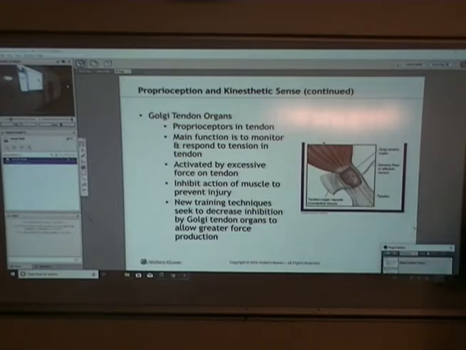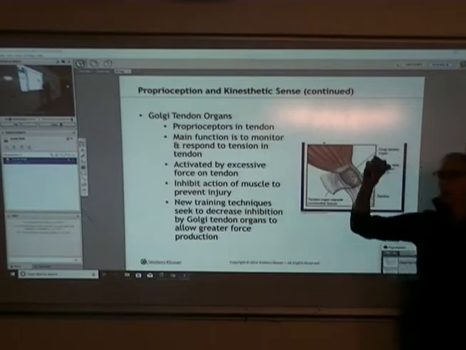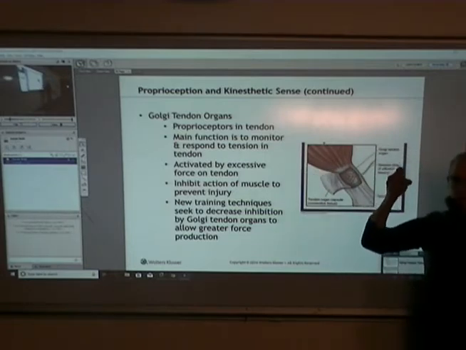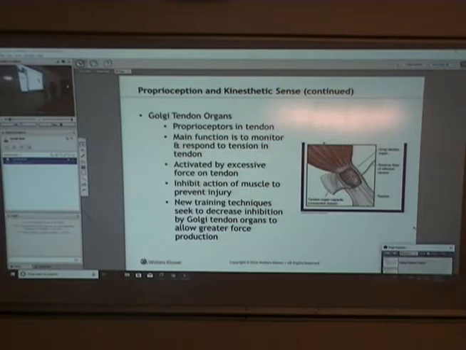Right? So one of the reasons we can't lift very much early on is not just that the muscles can't generate it, but it's also that the GTOs are turning the force down in the muscle. So again, one of the training adaptations that we see when we do a lot of lifting is that the GTOs learn to inhibit, to turn down their response to a given force.